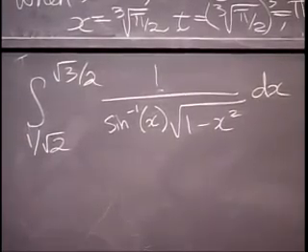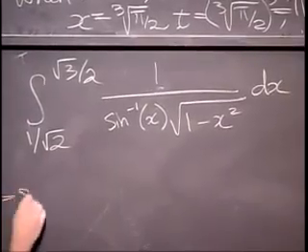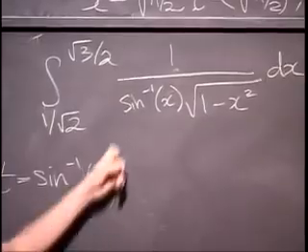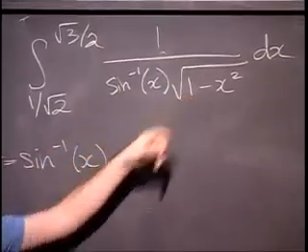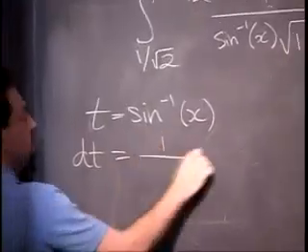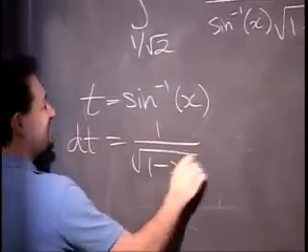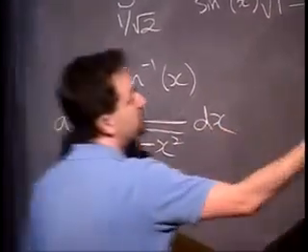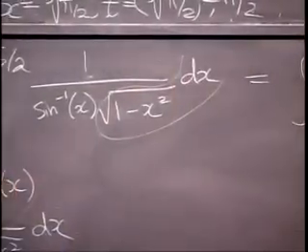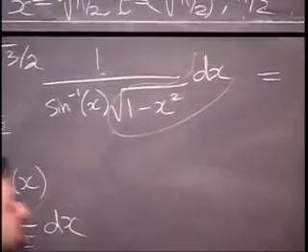Well, let's let t equal inverse sine x, and the reason we do that is we notice that the derivative of inverse sine x is very cunningly 1 over square root 1 minus x squared dx. So this expression, the dx over root 1 minus x squared, is just dt.